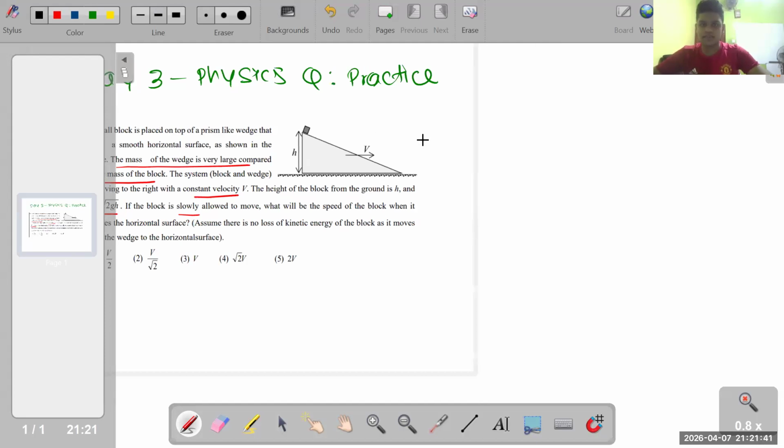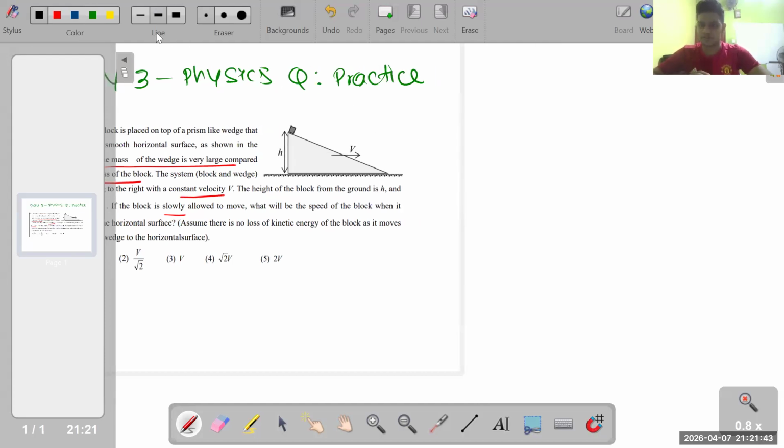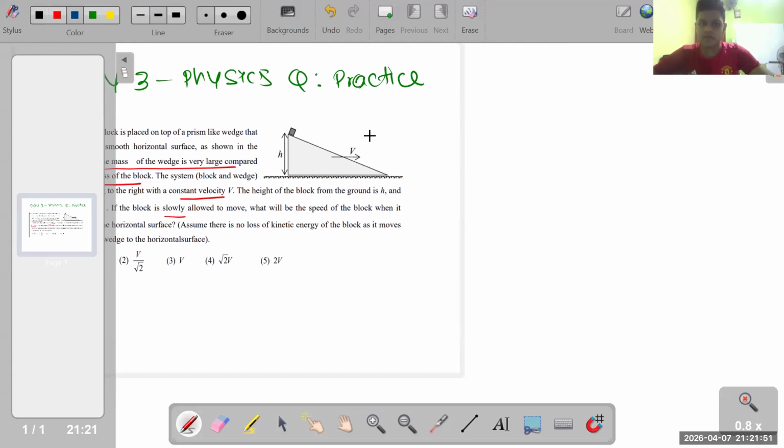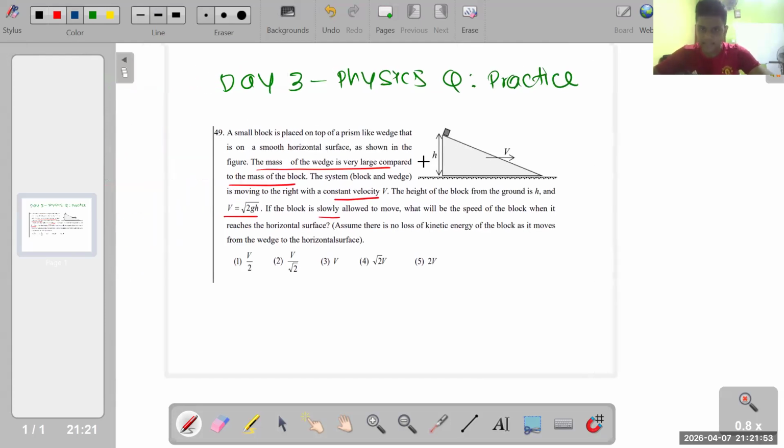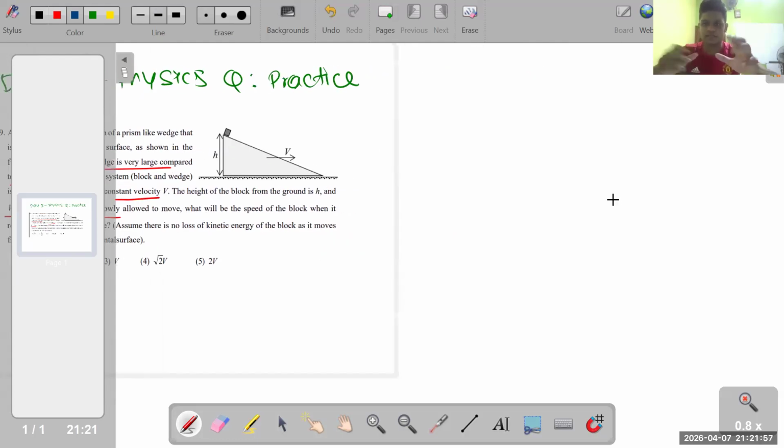This is how I'm approaching the question. If there are students who are only starting to get used to these questions, first analyze the question and what we can apply here. Can you see there is height involved, there is velocity involved, so eventually they are connecting some sort of energy here. So we can apply the concept of energy conservation.